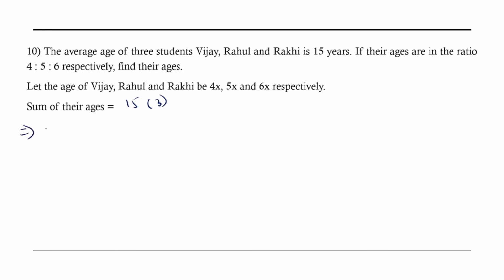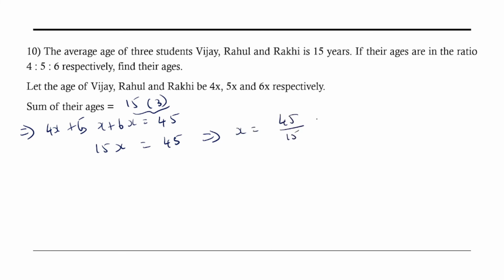So 4x plus 5x plus 6x equals 15 into 3, which is 45. So 15x is equal to 45, or x is equal to 45 upon 15, which is equal to 3. Now we know x, so we can find the ages of Vijay, Rahul and Rakhi.